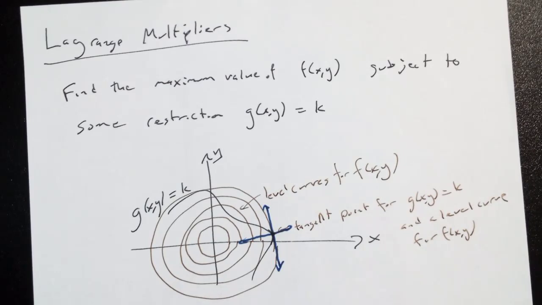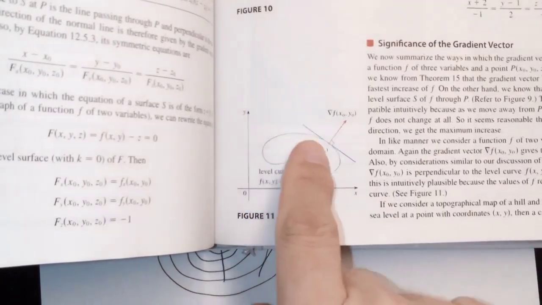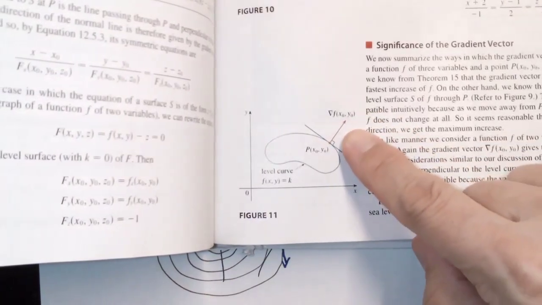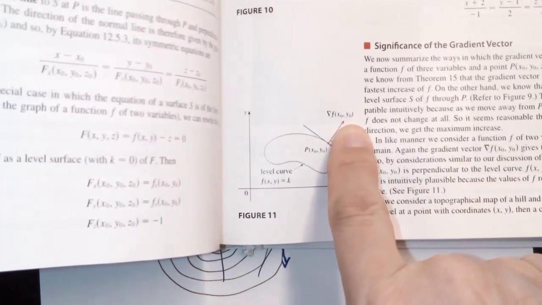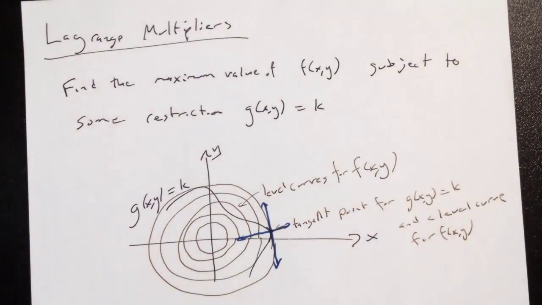What vectors are always perpendicular to level curves? My fastest descent, fastest ascent. And isn't that my gradient? Page 955, back in the section on gradient, we actually drew, here's the tangent line, there's the perpendicular, that's the direction, that's the gradient. So that means that the gradient of F and the gradient of G need to be parallel at this point.